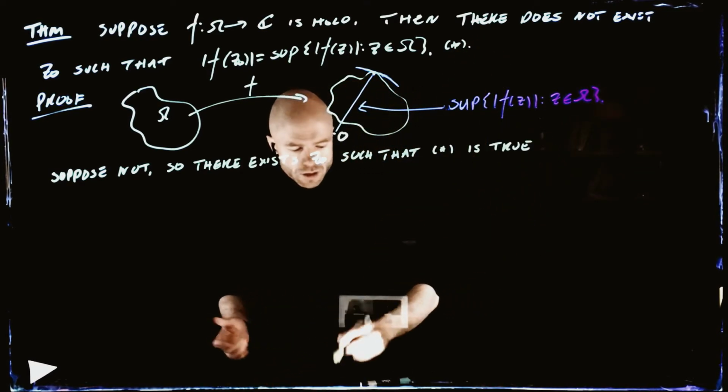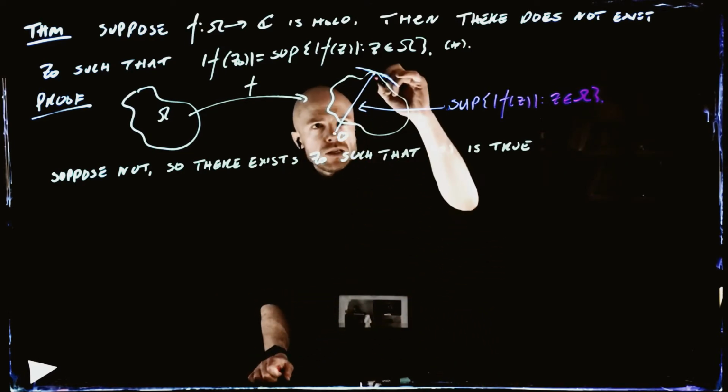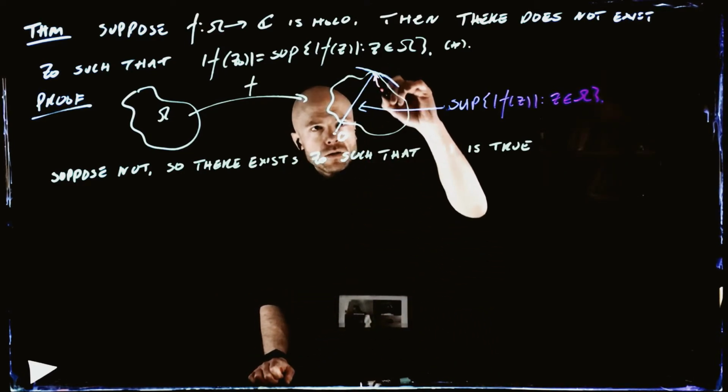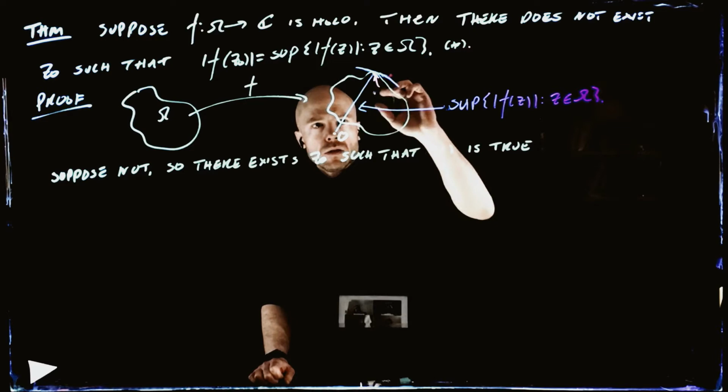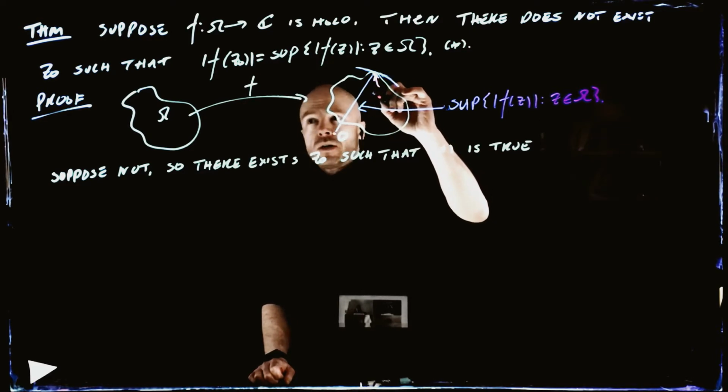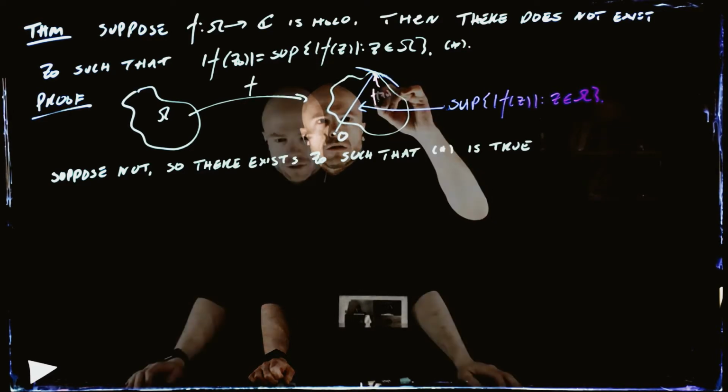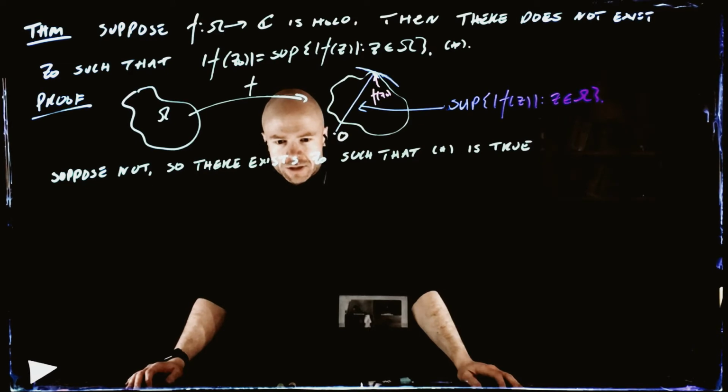Okay, so on our picture, f of z0 has to be here.